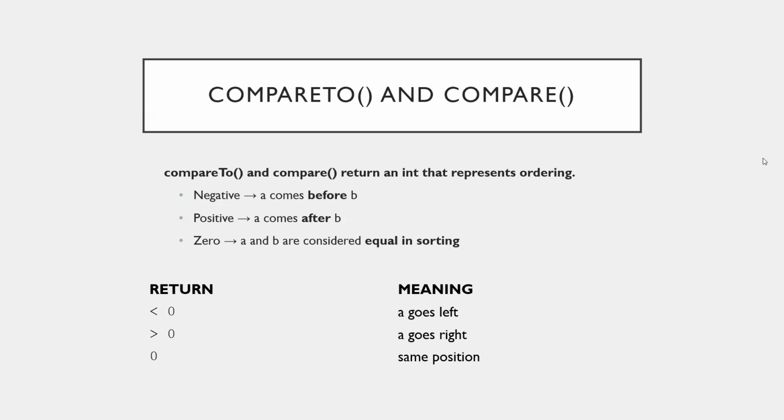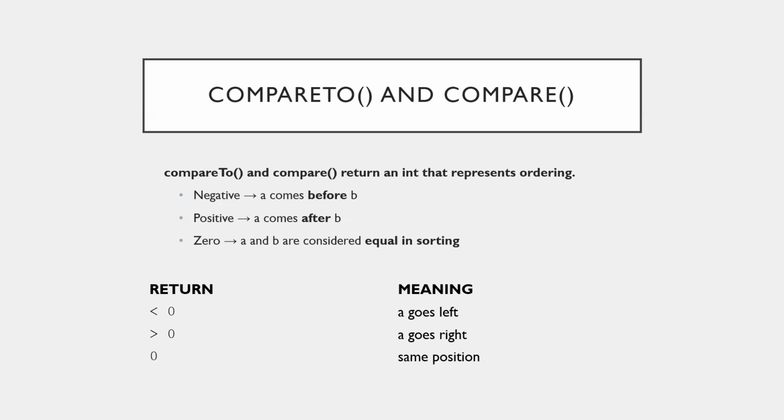So let's compare the compareTo method and the compare method. They're the same. The only thing that's different is the compareTo method is inherited from the Comparable interface. The compare method is inherited from the Comparator interface.